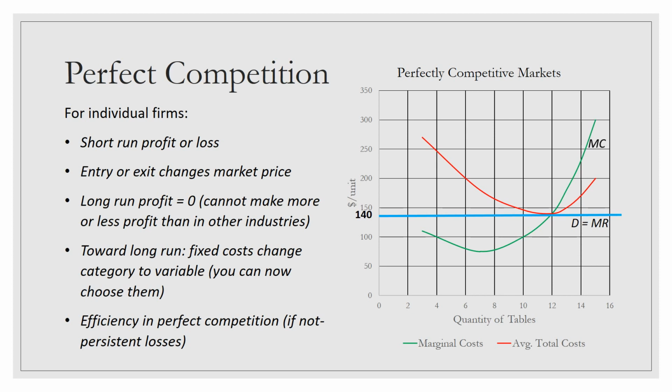That changes the supply conditions, changing the market price. And in the long run, highly competitive markets generate not no profit at all for anyone, but no economic profit, not above and beyond the profit made in any other industry.